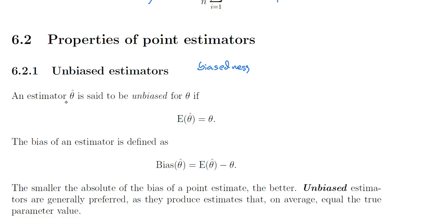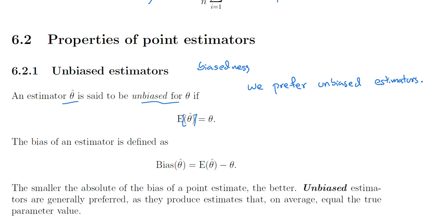Similarly, an estimate is also required to be unbiased. We prefer unbiased estimators. But how do we define it mathematically? If the expected value of theta hat equals the parameter itself, then we call theta hat an unbiased estimator for theta.